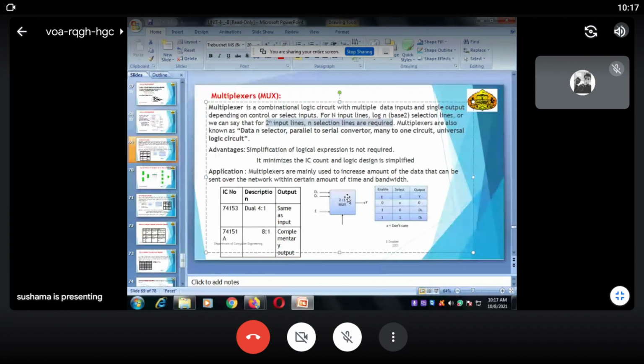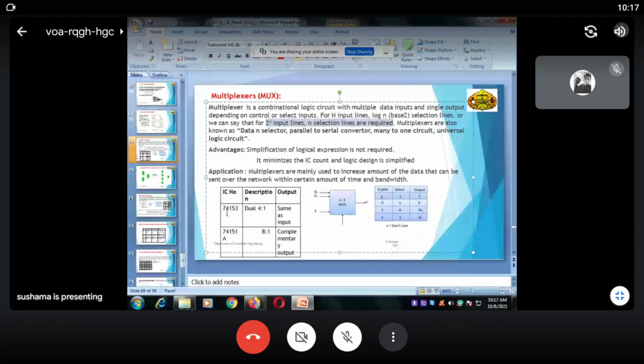As for a 2 to 1 mux, if we have to design a 2 to 1 mux, it means this 1 is the number of selection lines and 2 is the number of input lines.